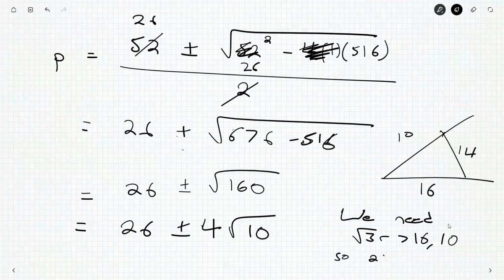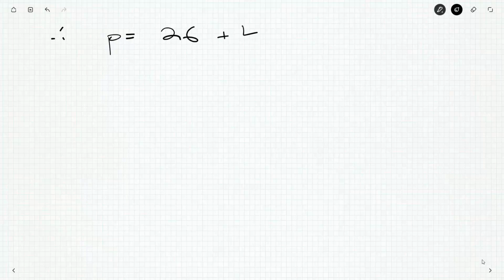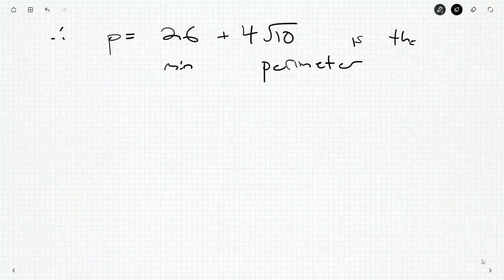So 26 minus 4 root 10 is too small. So it's got to be the plus version. 26 plus 4 root 10 is the perimeter. It's about 38. That's really close to our 40. It makes sense that our perimeters would be so similar. Is the minimum perimeter.